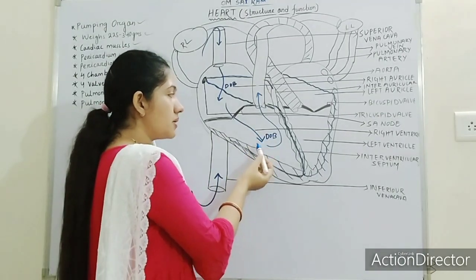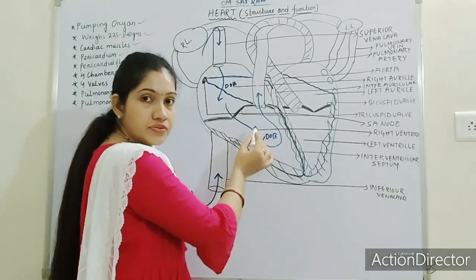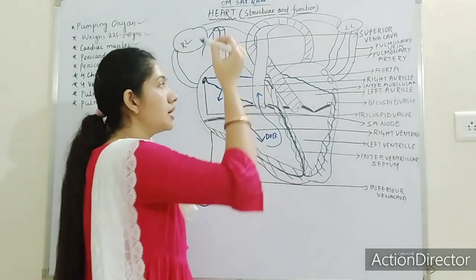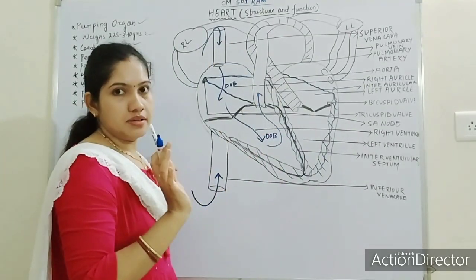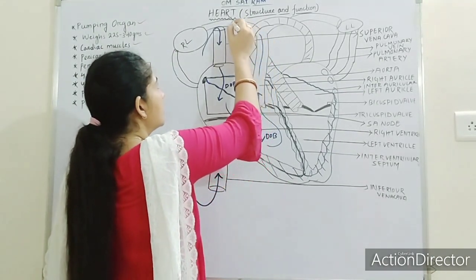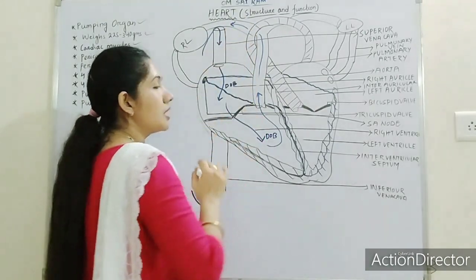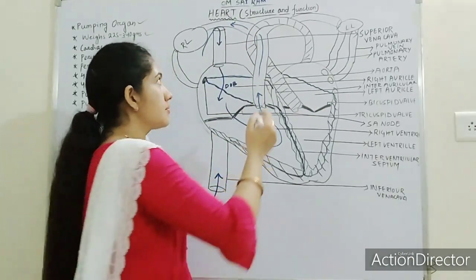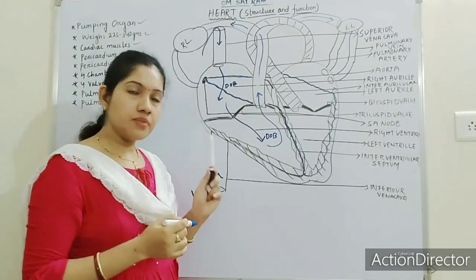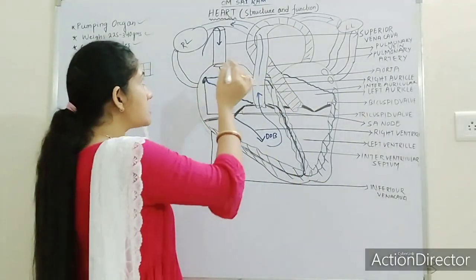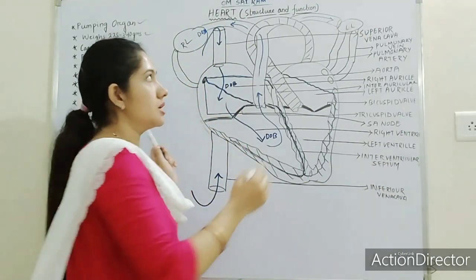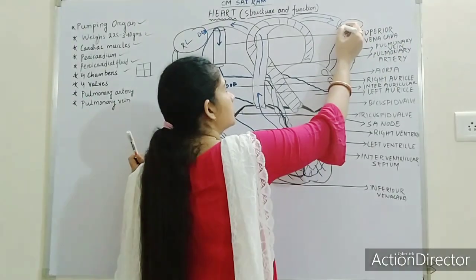This deoxygenated blood in the right ventricle is pumped into the pulmonary artery. And this pulmonary artery will send this deoxygenated blood to the right lungs and also to the left lungs. Got it? Now, when this deoxygenated blood reaches the lungs, the lungs will purify it.